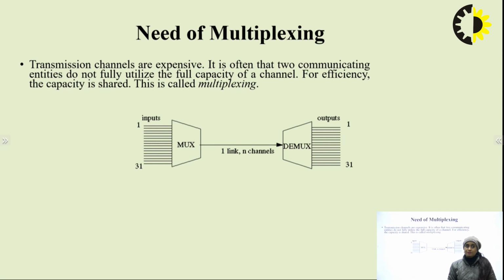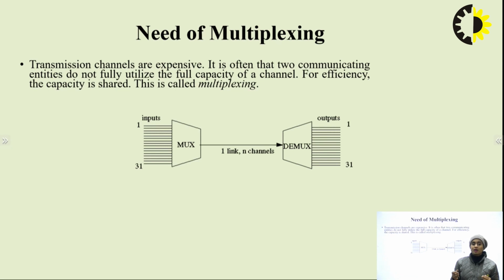What's the need? We know that channels are expensive. Just to clarify this point, being communication engineers, we know that the two most important resources of a communication system are bandwidth and power. We must always design our system in a way that requires minimum power for transmission and utilizes the available bandwidth in the most effective manner.